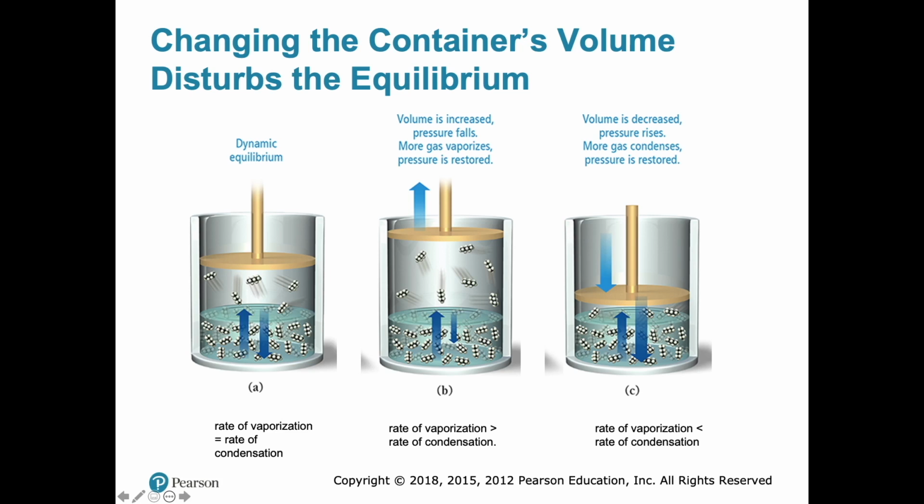And then you also get a decrease in the boiling point. Things boil faster. And then up here on this one, volume is decreased, and now the boiling point is increased, because the pressure is increased. Make sense? Okay. Good stuff, good stuff. Any questions?